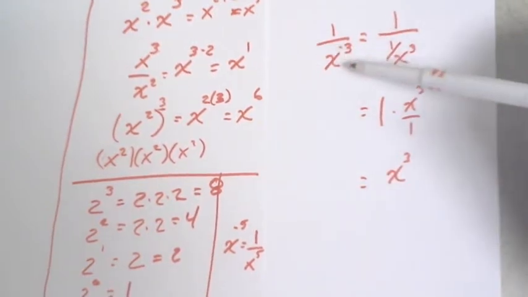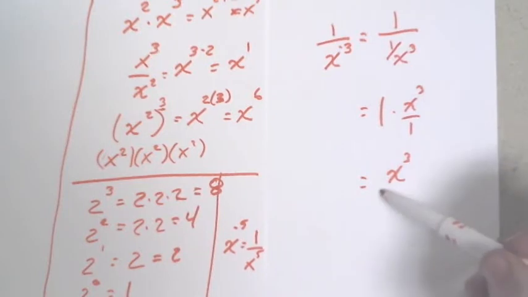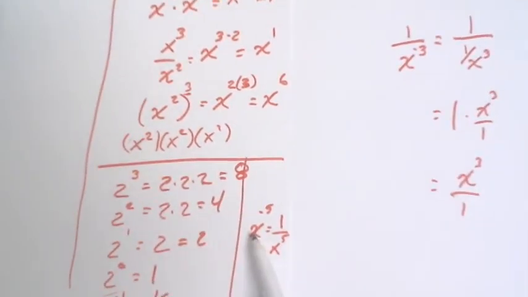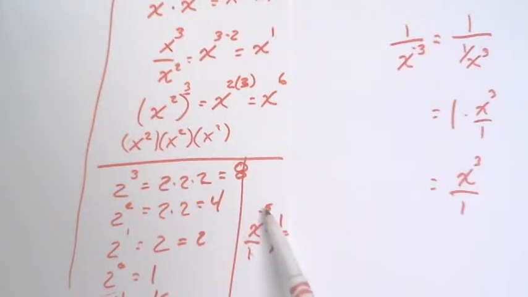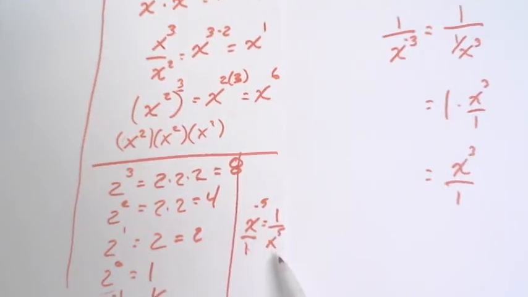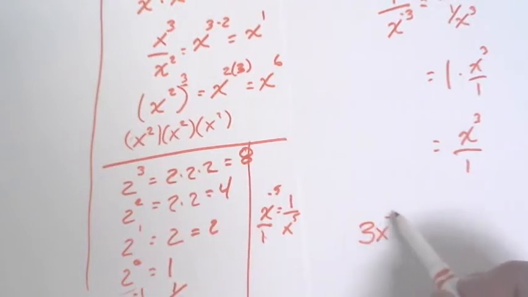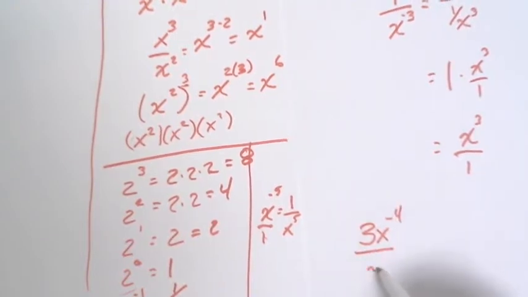So notice that this negative sign, if it's in the denominator already, it moves up to the numerator over 1. If it's already essentially on top in a numerator, the negative makes us move down to a denominator.